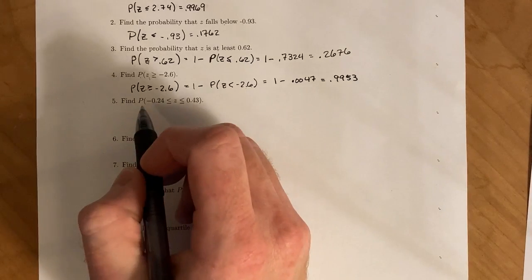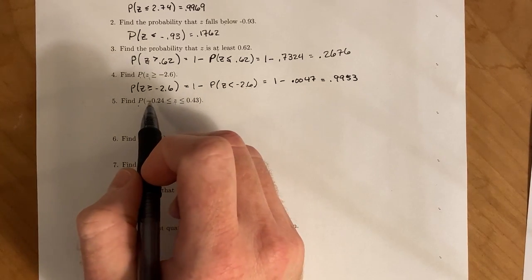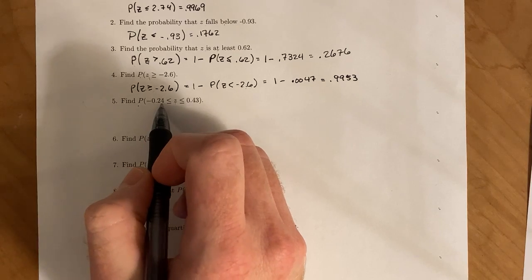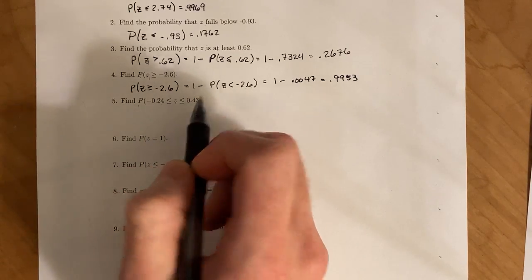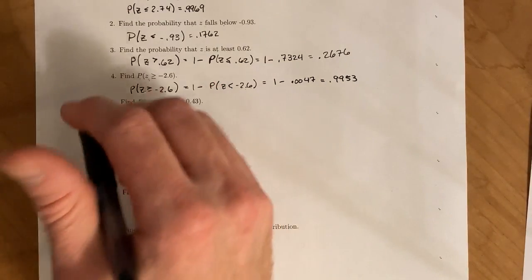And next, we want to find the probability that z is in between negative 0.24 and 0.43. And again, our table tells us things that are solely to the left of a value.